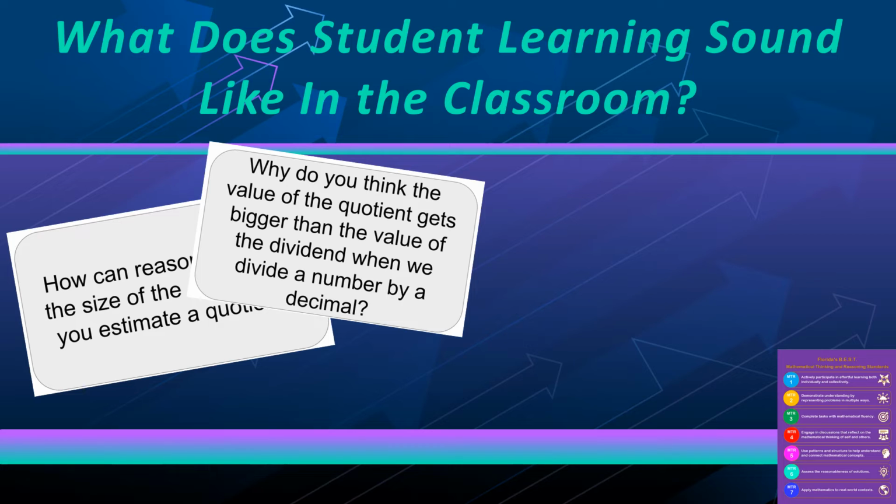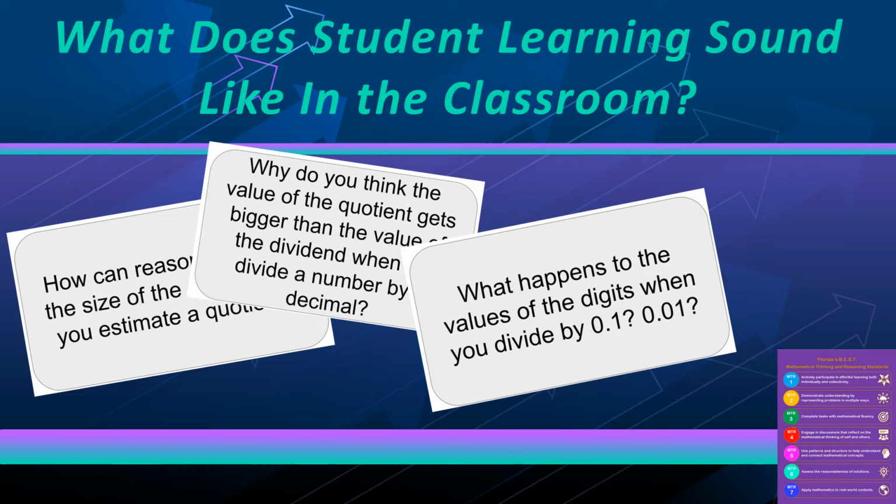This is different than what students have been asked to do in the past when they were dividing using only whole numbers. We want students to reason and answer why a quotient is getting bigger than the value of the dividend when we divide a number by a decimal.